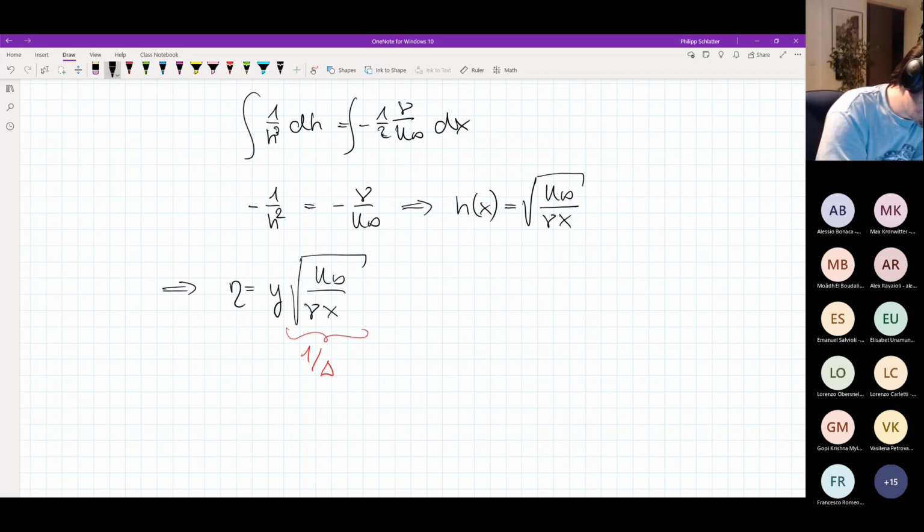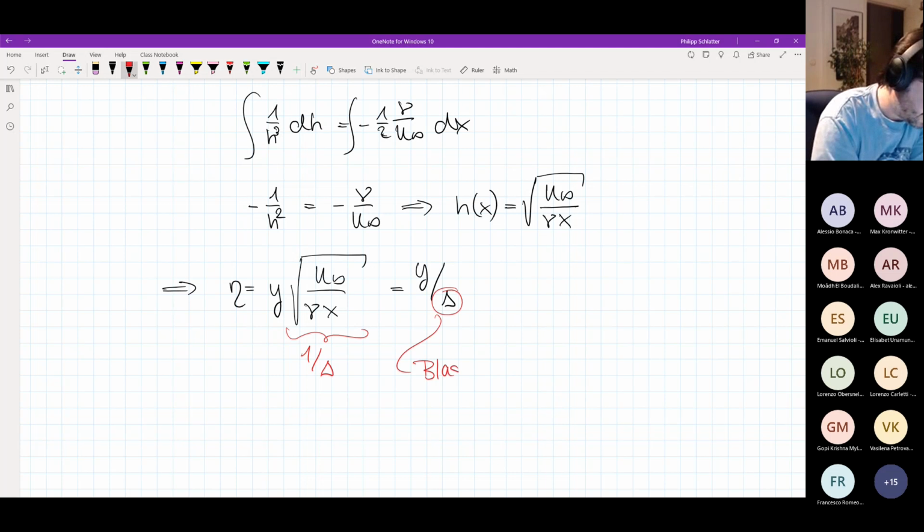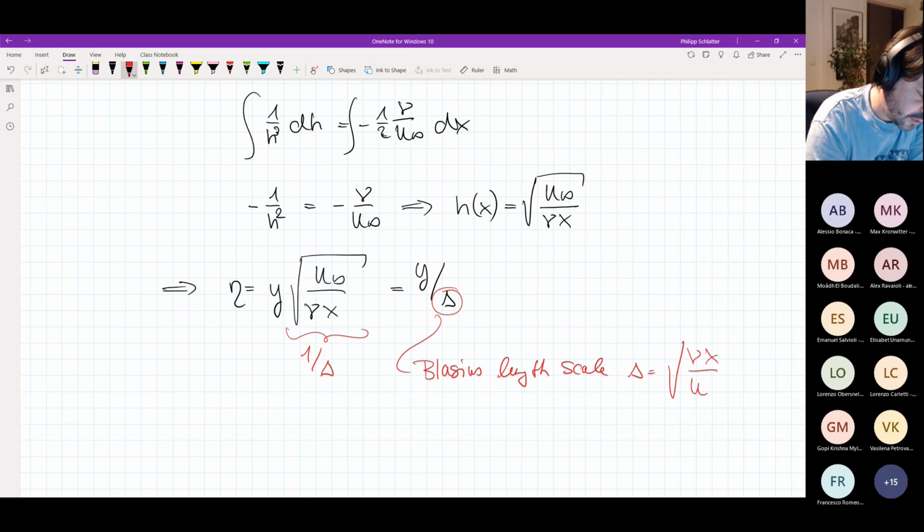So that means that this eta here is only a non-dimensionalization of my y coordinate with this delta. And this delta is what is called the Blasius length scale. And of course, the definition is exactly what is written here. That's the square root of nu times x divided by u infinity.